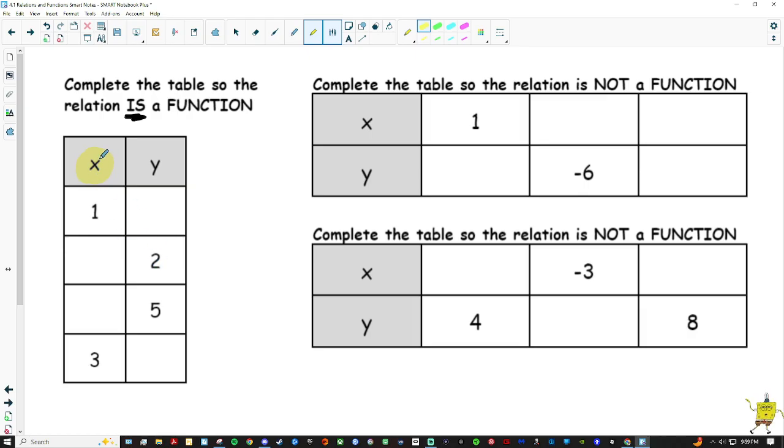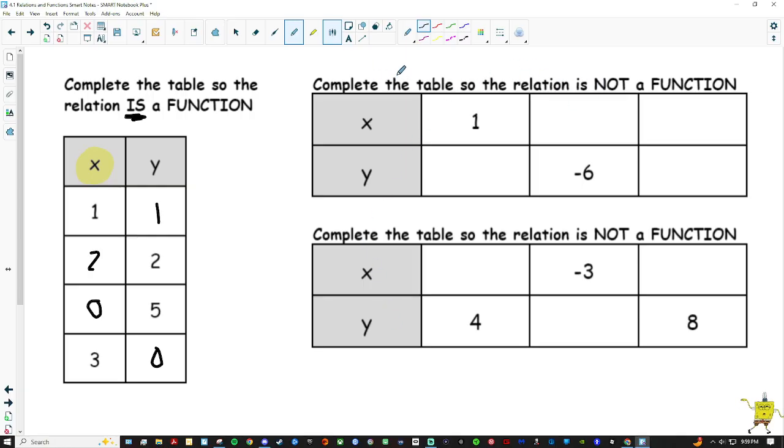And we just need to make sure we pick all different numbers. As long as none of my x values repeat, I'm good. So I need to just make sure I do not repeat 1 or 3. So I could do 2 and 0. Or I could do 4 and 5. Or 26 and -7. As long as none of these repeat, this is a function. My y values don't matter. We can put in any numbers we like.